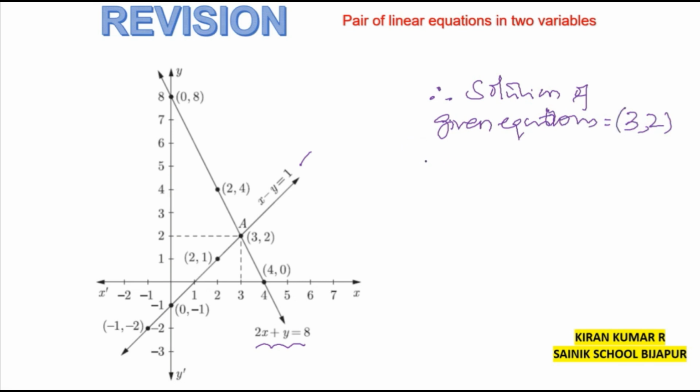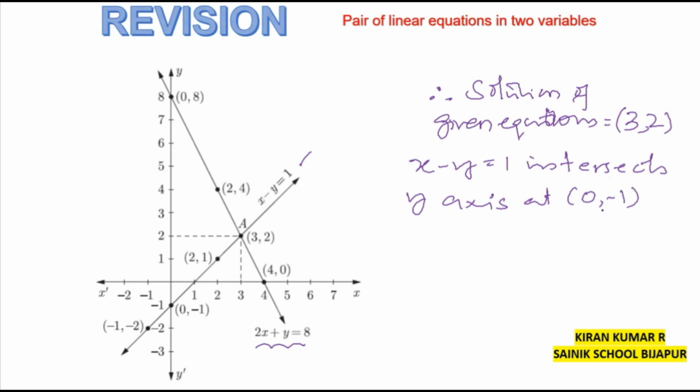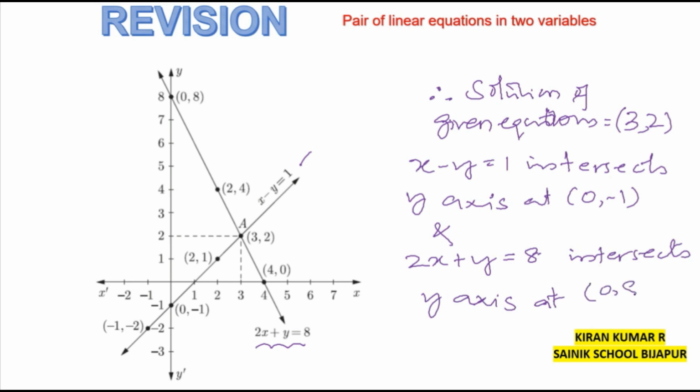And they have asked what is the coordinate where it cuts or intersects the y-axis. x minus y is equal to 1 intersects the y-axis at (0, minus 1), and 2x plus y equal to 8 intersects the y-axis at (0, 8).